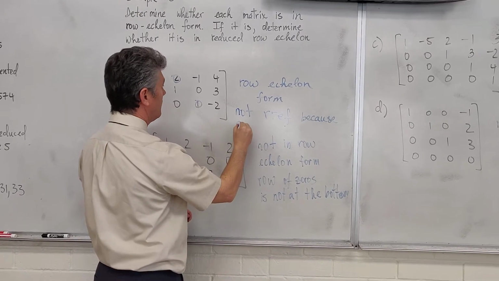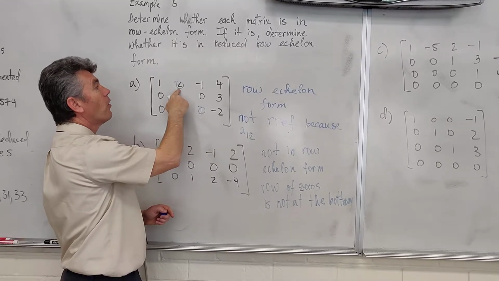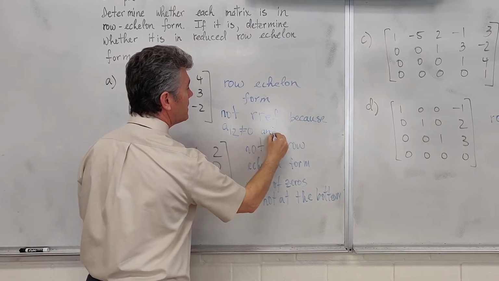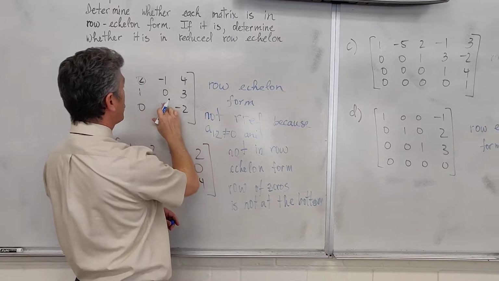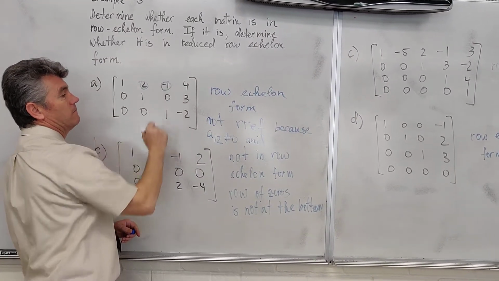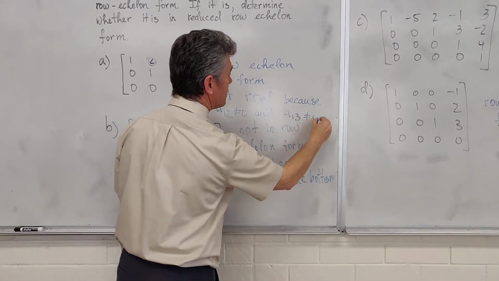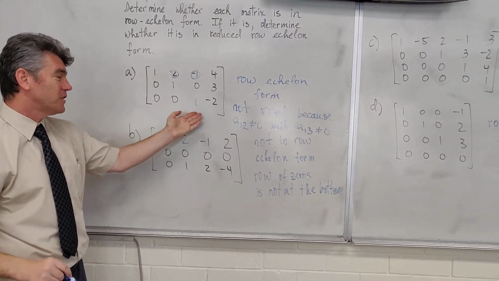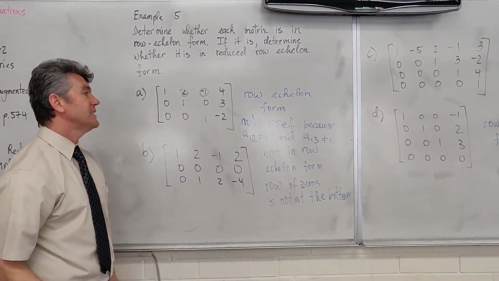Because A12, the element in row 1, column 2, does not equal 0, and A13 is not a 0. We do want this to be a 1 because we want the first non-zero element to be a 1, but we want everything above it to be a 0.